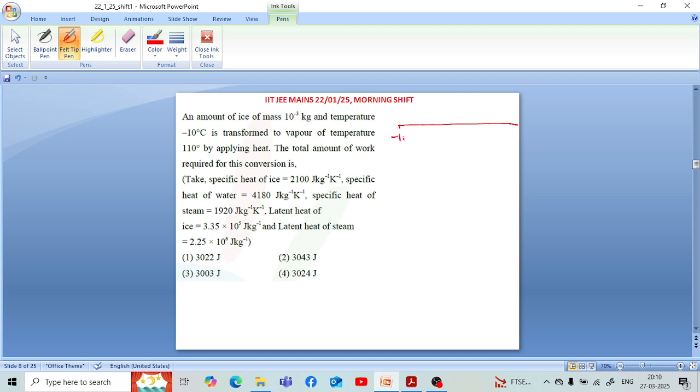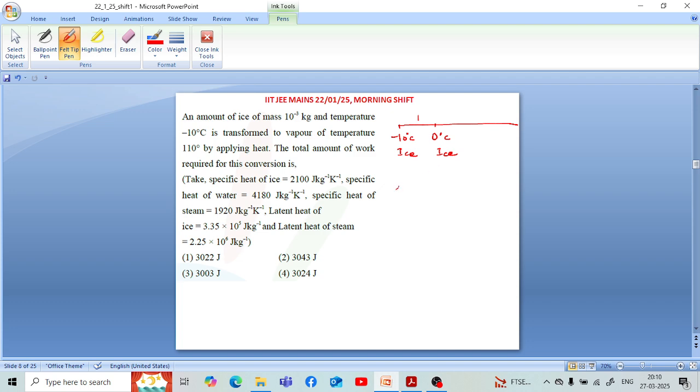For example, at minus 10 degrees Celsius, first of all, there is ice. So in the first process, this ice has to be converted up to 0 degrees Celsius. So it means that there is a temperature change, not a state change.